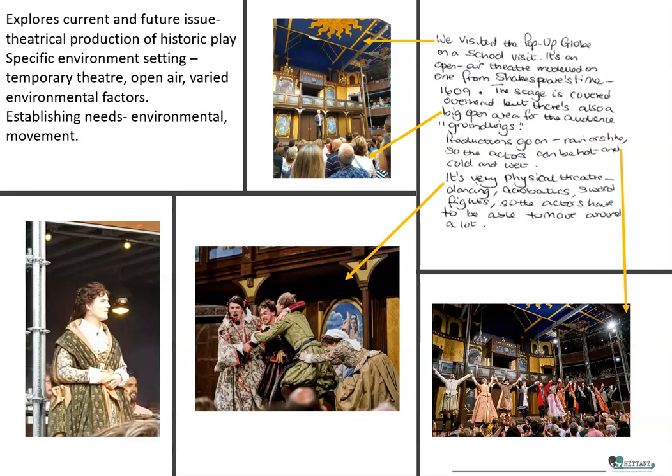And they looked at this specific environment, the temporary nature of the theatre itself, the open air, and how it was exposed to various environmental factors. They also looked at the costuming of the actors on stage and the physicality of the performance and what was needed in terms of balancing authenticity of the costume in relation to the materials that were currently available.